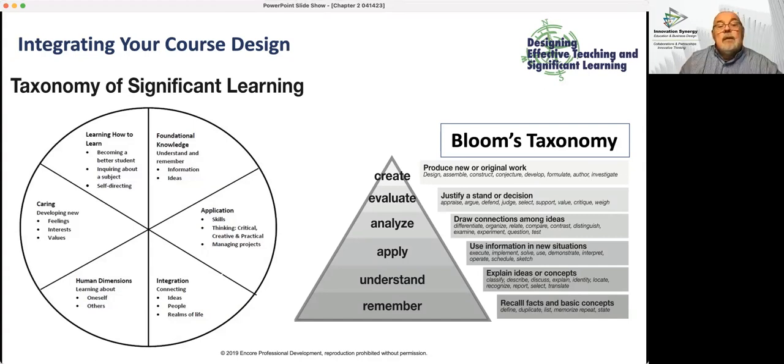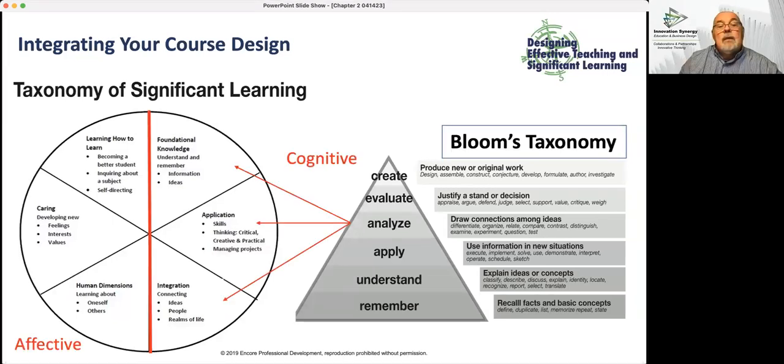And then finally, a piece that becomes extremely important that doesn't always show up in Bloom's cognitive side. It shows up in other things, but it's learning how to learn, how you become a better student, how you take the learning and create more significant lifelong learning.